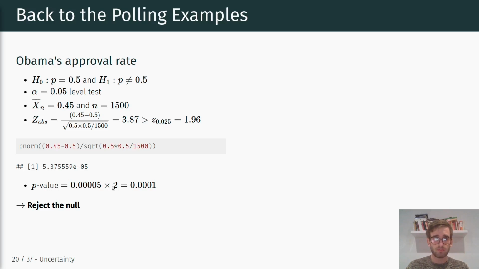So we just multiply this by 2. And we see the p-value is very small. It's just 0.0001. So under the assumption that the true population approval rate was 50%, it is very unlikely that we would observe a sample of size 1,500 where the average approval rate was 0.45. So we reject the null hypothesis at the 5% level.